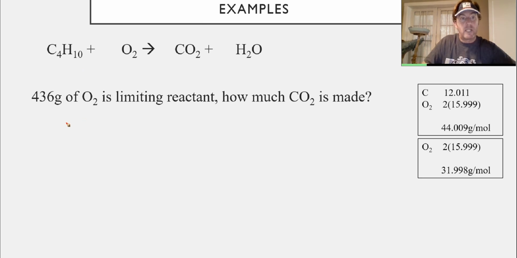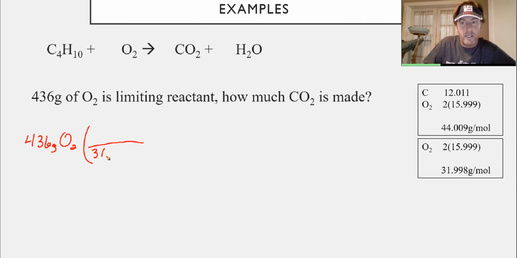Now that I know which one's the limiting, that's the one I want to use. So I start with this 436 grams of O2, and I've done some of the numbers already, so it's not as much work as you might think at first.